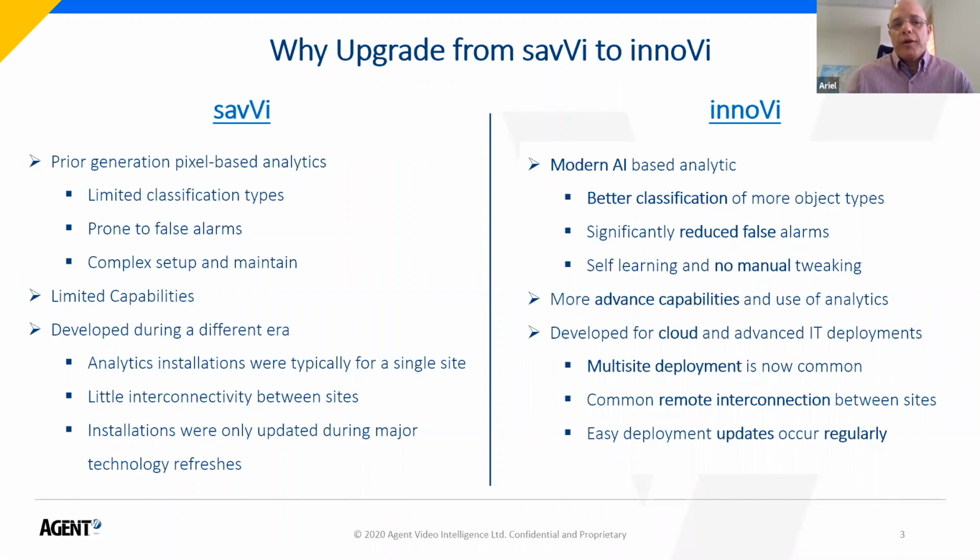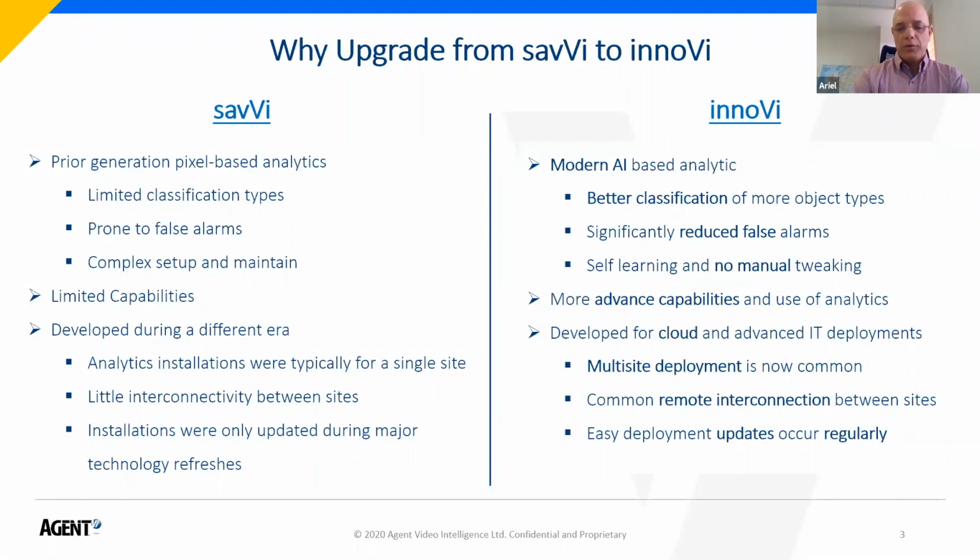And that was the way of this type of solutions. It was not only the problem of SAVI, it was basically all the pixel-based analytics generation were suffering from the same thing. Another limitation of SAVI was that it has limited capabilities.